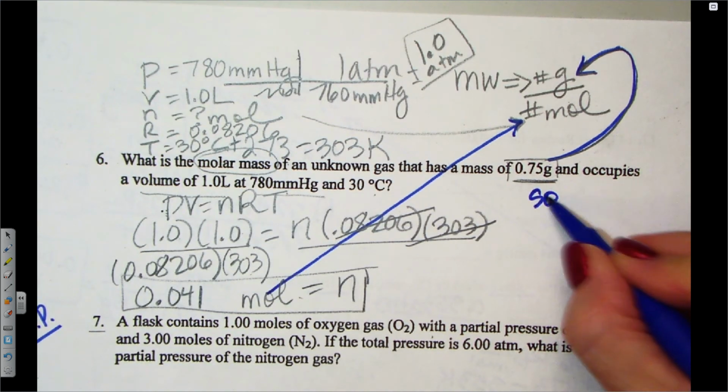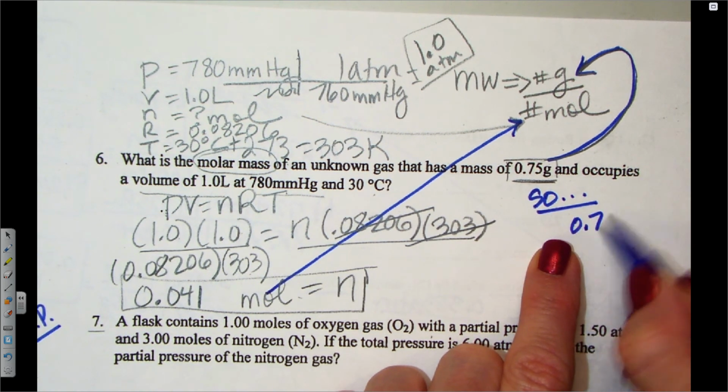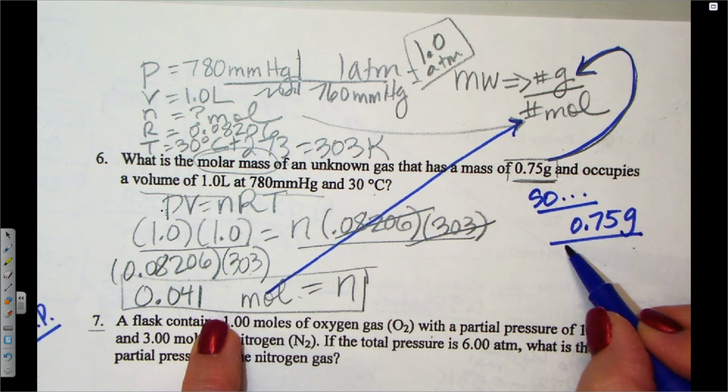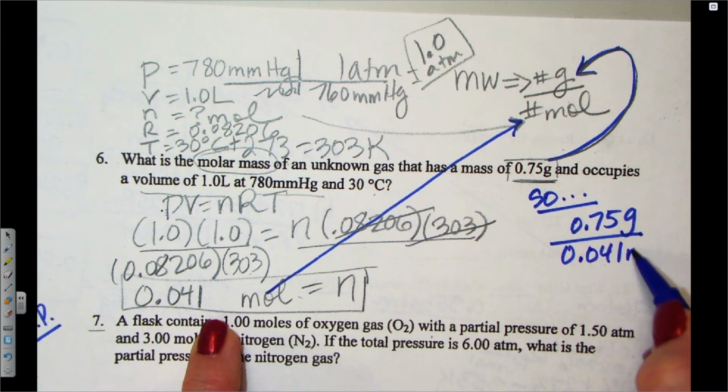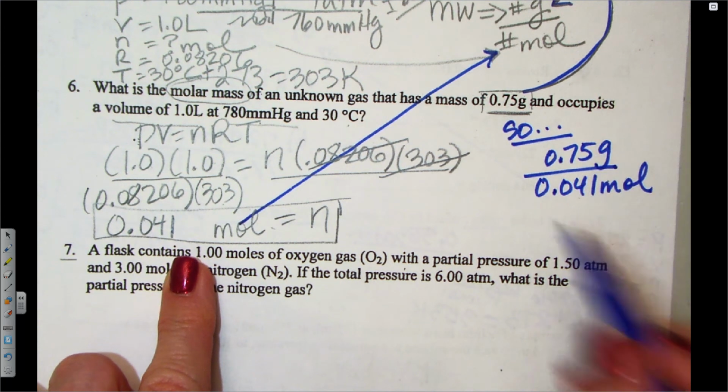So the molar mass is going to be equal to 0.75 grams divided by 0.041 moles. Notice now my unit is a unit of molar mass, grams per mole, so divide these two numbers.